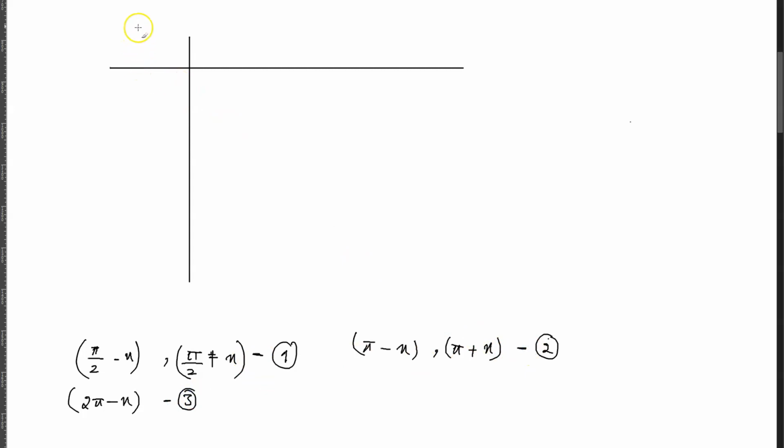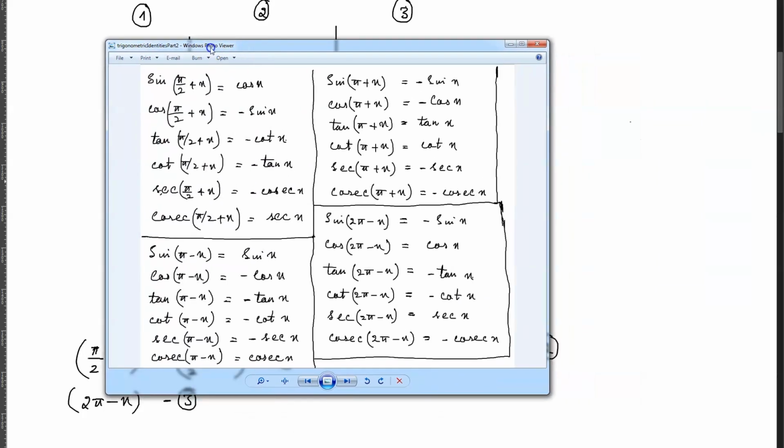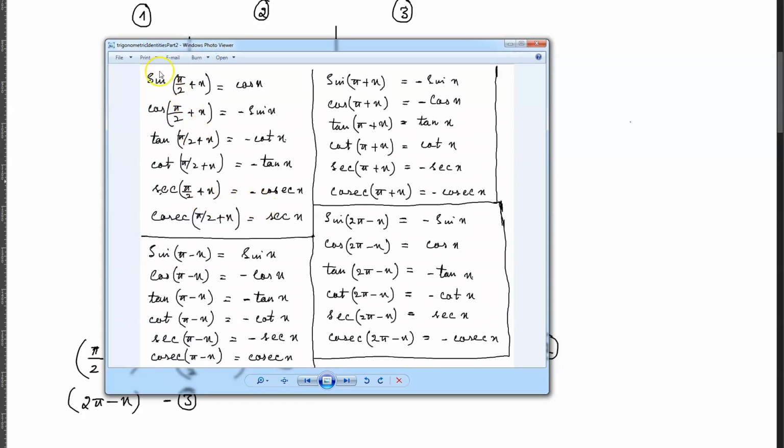Okay. So this is case number 1, this I have called case number 2, and I have also case number 3. There are two things that happen with these trigonometric ratios. First of all, in some cases the trigonometric ratio changes, meaning that sine becomes cos, cos becomes sine, and so on and so forth.